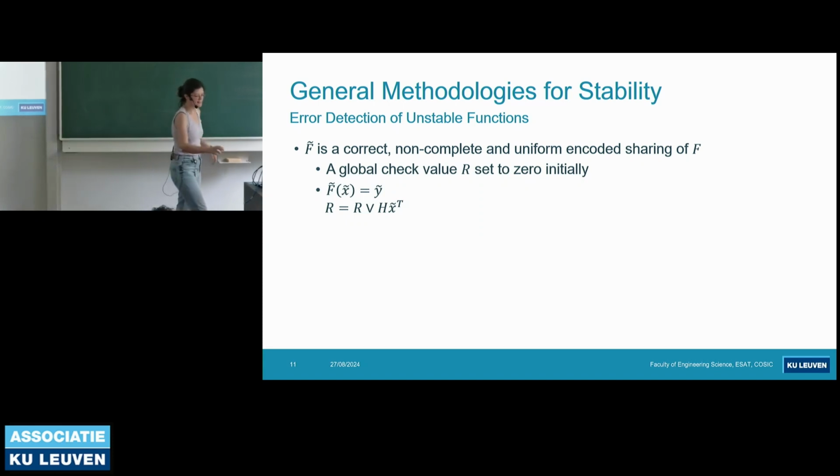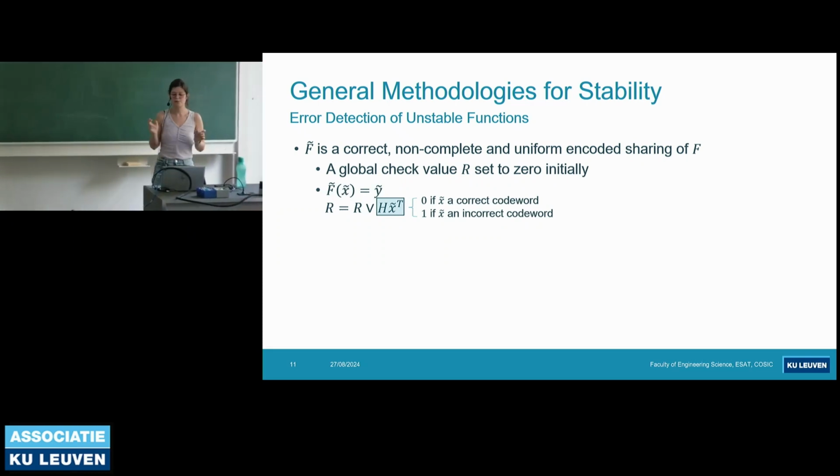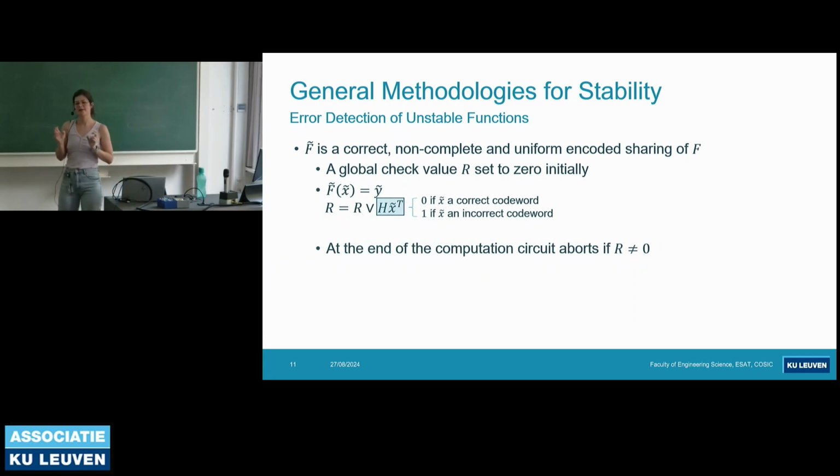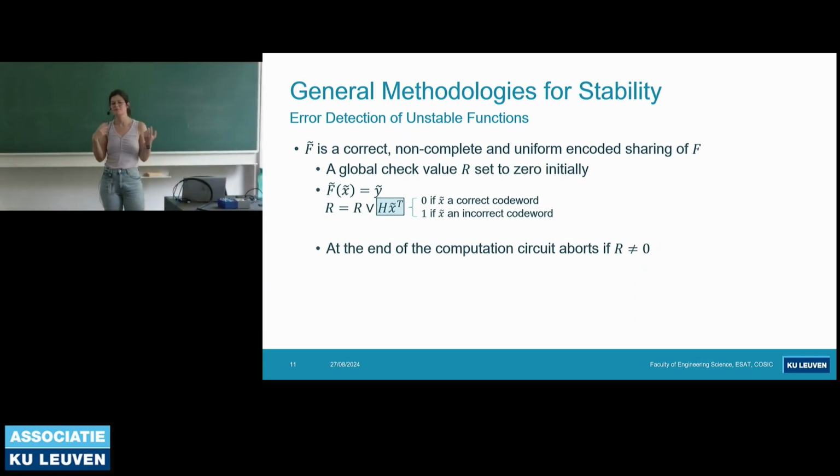We're going to get 0 if there's no fault in the input, so if this is a correct code word. The output of this multiplication is going to be 1 if the input is an incorrect code word. Then if there's a fault injected to the input, r is going to be updated to 1. At the end of the circuit, we check the value of r. If it's non-zero, then we can be sure that there's a fault injected somewhere in the circuit, and we're going to abort.